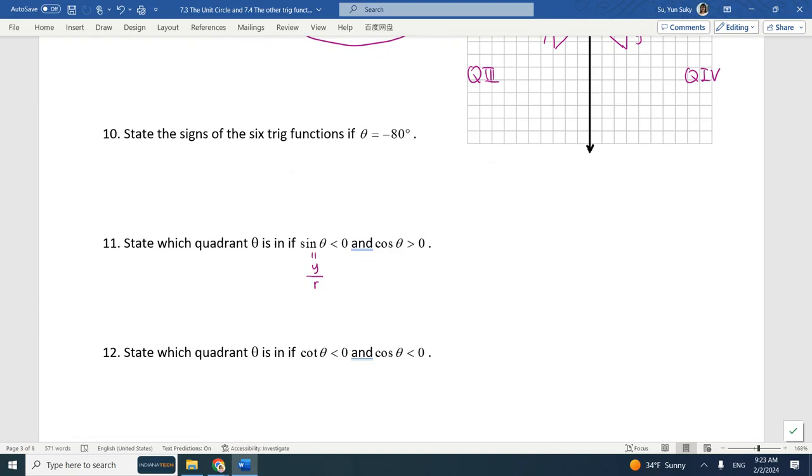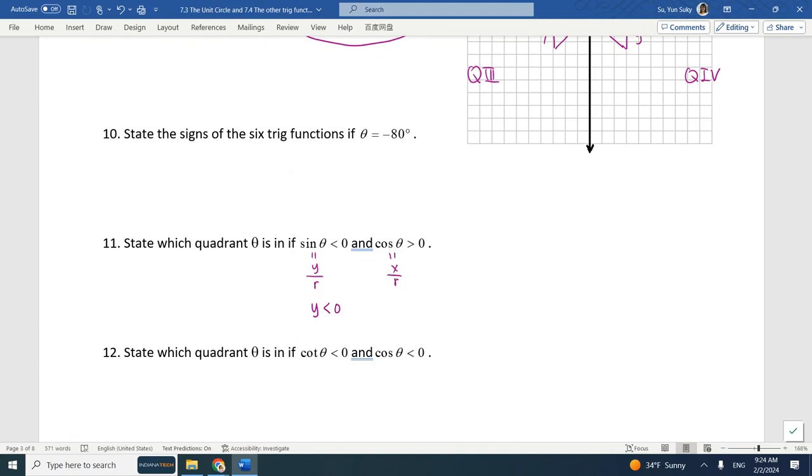R is always positive. So if sine theta is negative, what do you say about the y? The y is negative. On the other hand, what is cosine? X over r, and this is positive.